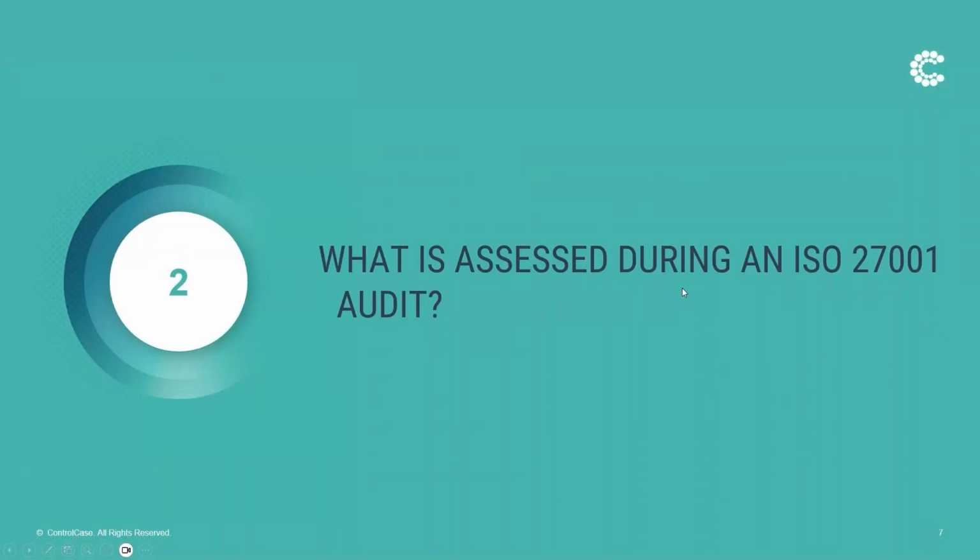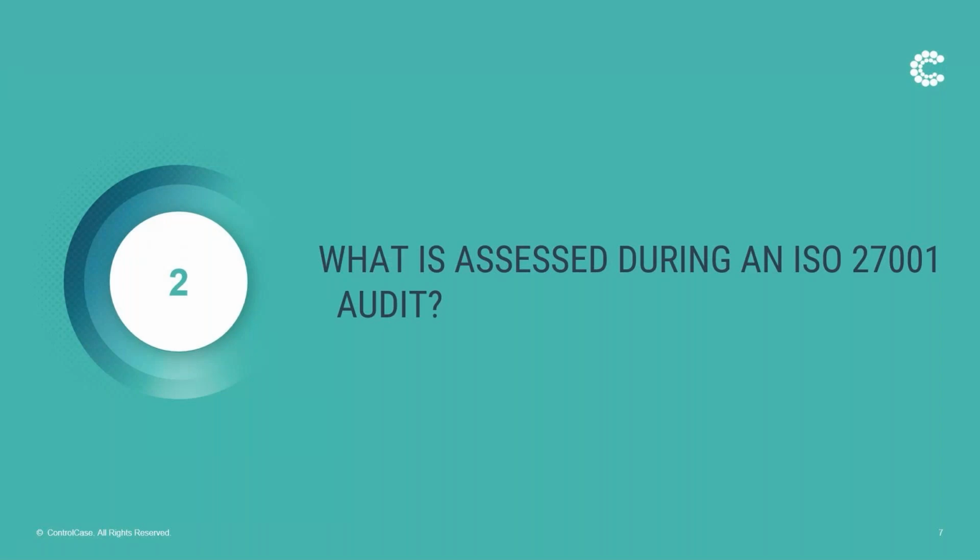Now, what is assessed during an ISO 27001 audit? I'm going to cover a couple of aspects here. One is what the standard entails, and quickly, the overall process of certification, right? So ISO 27001 is divided majorly into two sections: clauses and annexures.